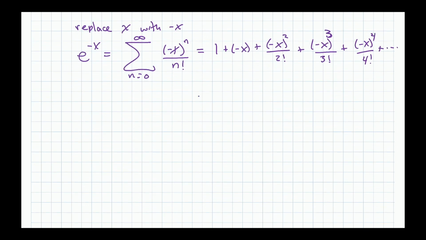What will happen here is a negative number to the first power is negative, but a negative number to a second power is positive.